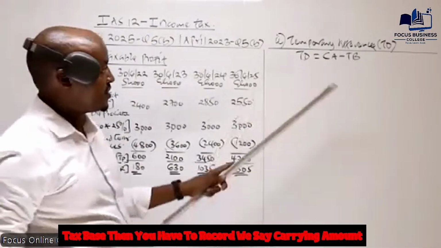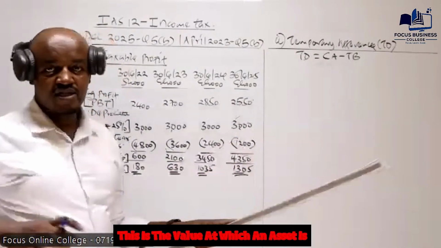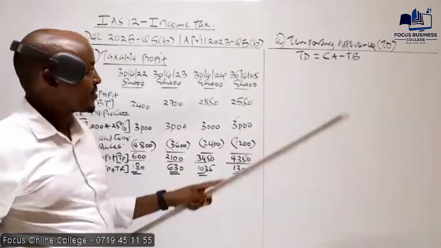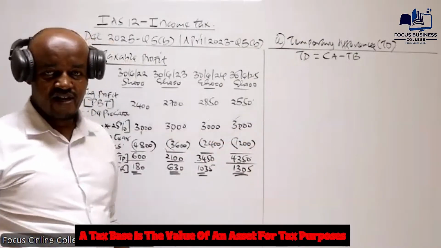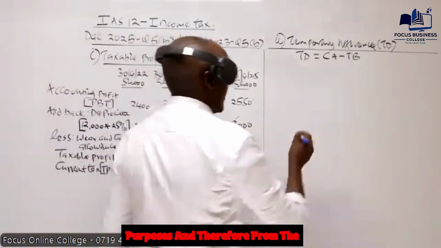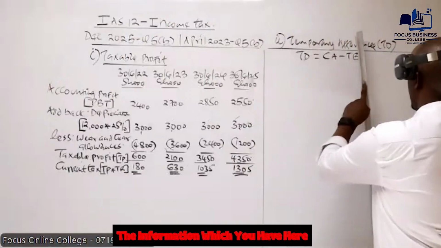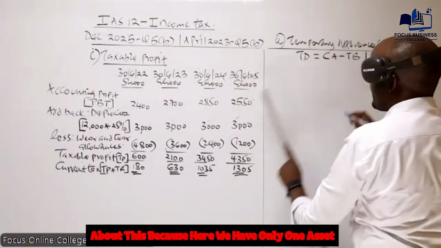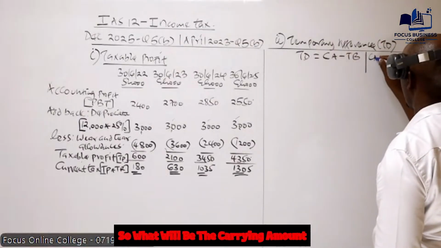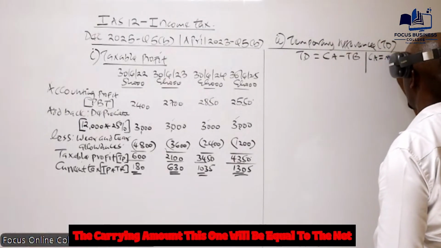Then you have to recall we said carrying amount is the value at which an asset is recorded in the statement of financial position. A tax base is the value of an asset for tax purpose. From the information we have here, because we have only one asset, the carrying amount will be equal to the net book value.